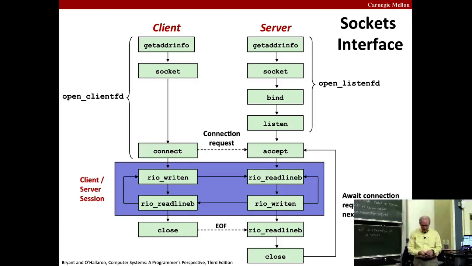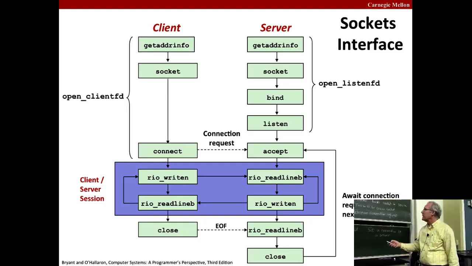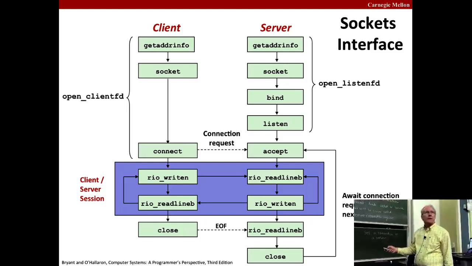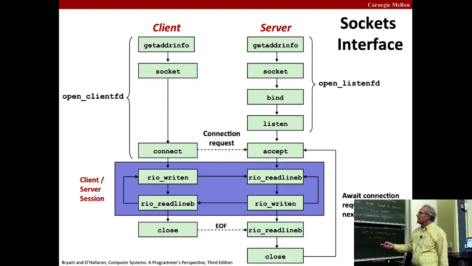As this picture shows, potentially the server could loop back around and accept a connection from another program. This is what we call a serial or iterative server, where it can only manage one connection request at a time.